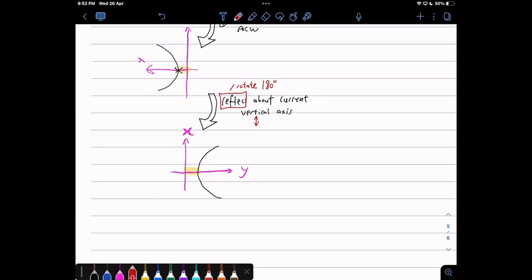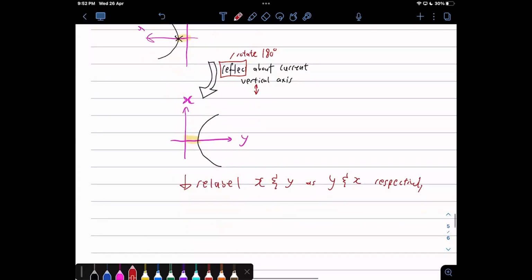Okay, then now I'm going to relabel x and y as y and x respectively. So now I get y here, x there, curve like this.